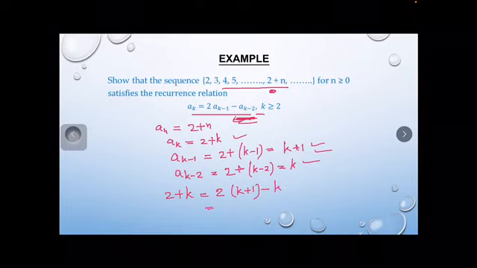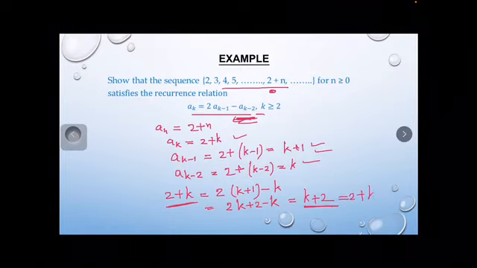You solve this, it becomes 2k plus 2 minus k, so it becomes k plus 2. You can write it as 2 plus k, so both are equal. So we can say that this is the correct recurrence relation of the sequence.